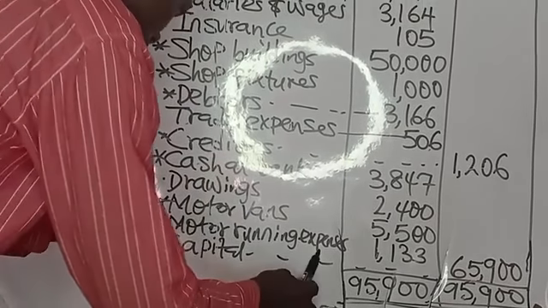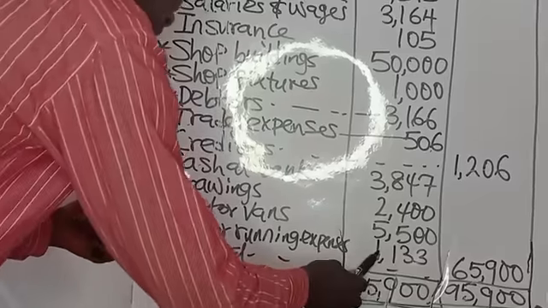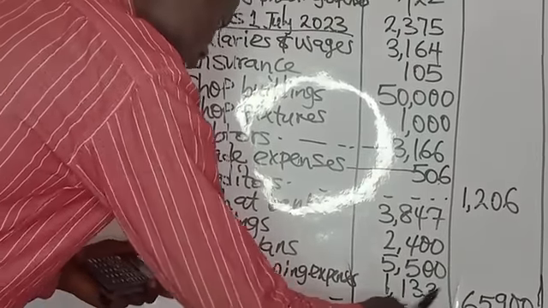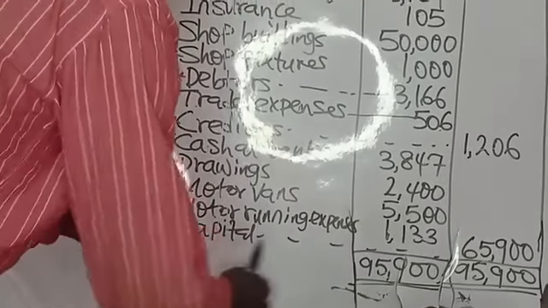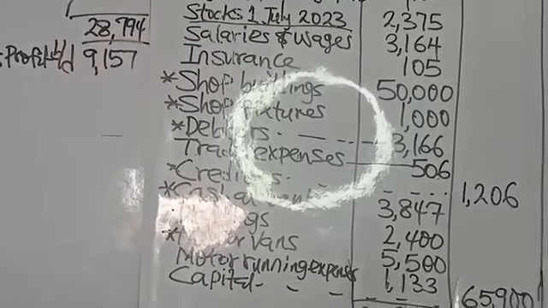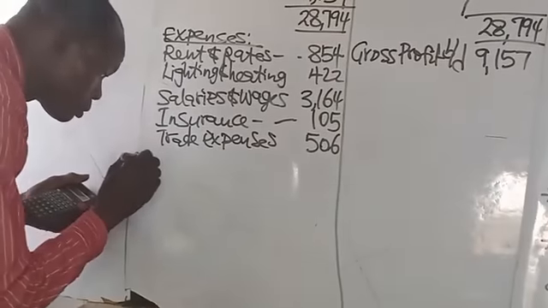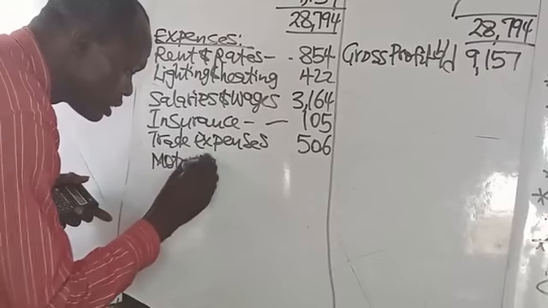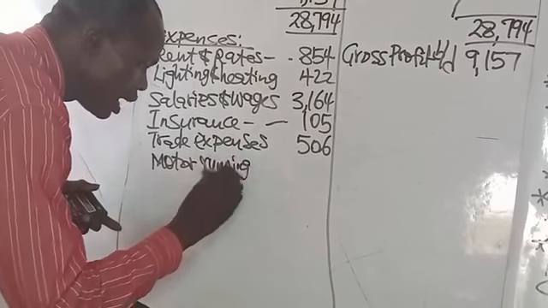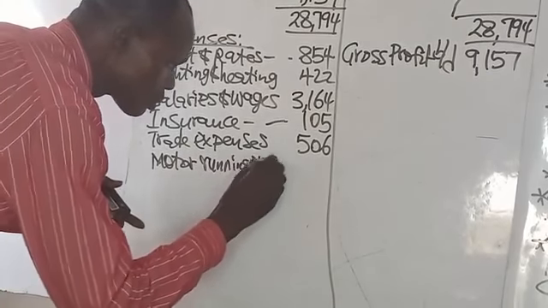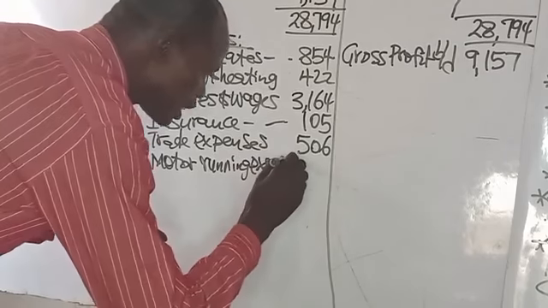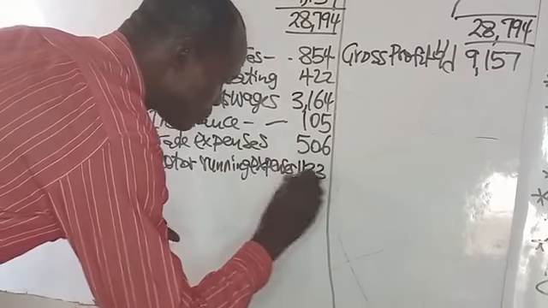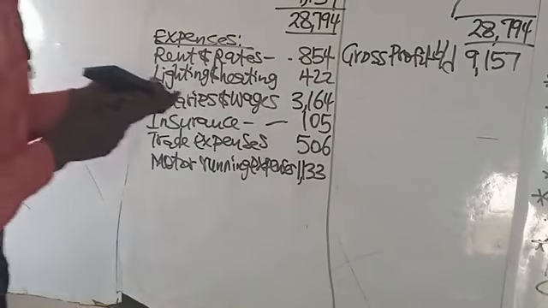Motor running expenses, 1,133. That is the only expenses we have. We are left with motor running expenses. Motor running expenses is 1,133. Now, you sum up all the expenses.